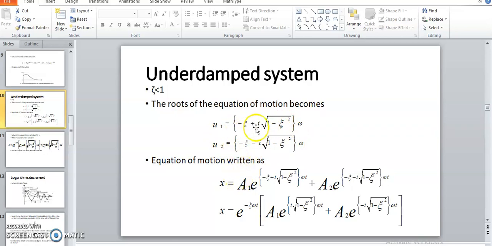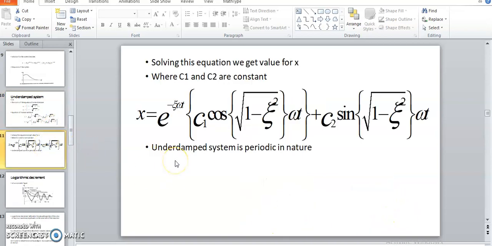Now we can put these roots into the solution of this differential equation, x equal to a1 e raised to u1t plus a2 e raised to u2t. Put the u1 value here, the u2 value here, and take e raised to minus zeta omega t common, with the remaining inside the bracket.